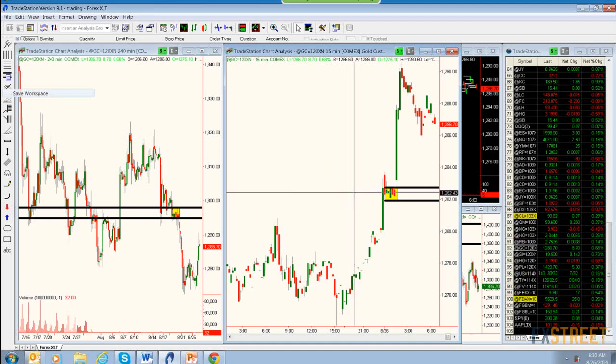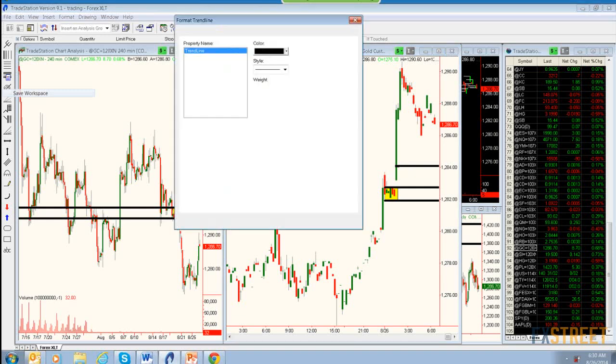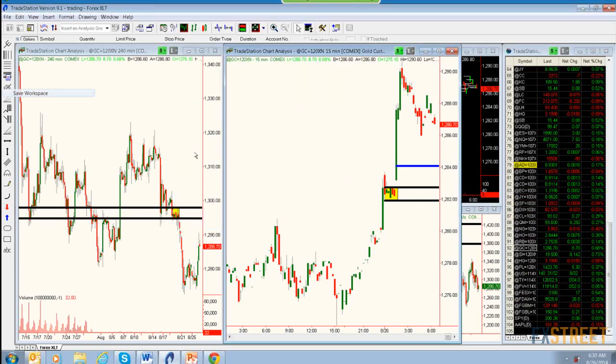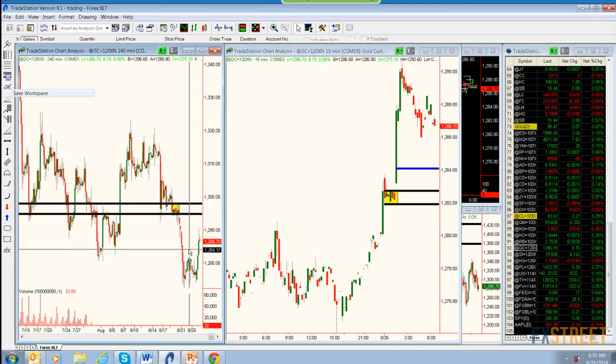With some demand there at 1283, I want to go 1284 on the profit side. I'm just going to a smaller time frame to identify that easy money profit target. That's 1284. So now I can go down here. You want it all on one chart. It's right there.